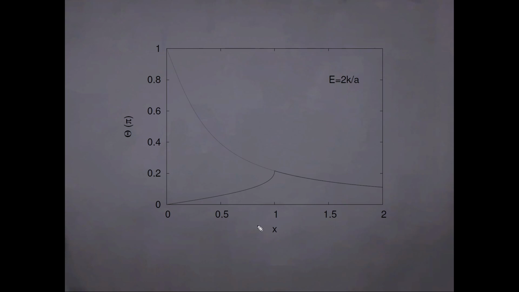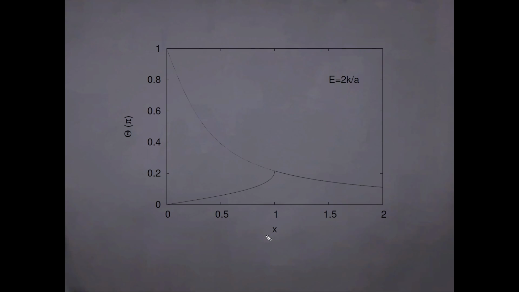So when this parameter is 0, the scattering angle is also equal to 0, so the particles are simply transmitted through the nucleus. And then as this parameter increases, so does the scattering angle, up until we reach the surface of the nucleus.